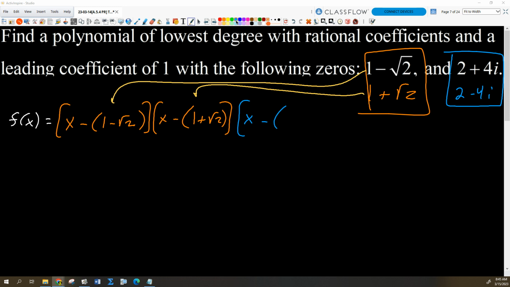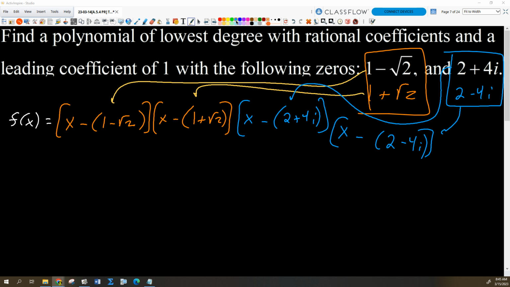There you go. x minus the quantity 2 plus 4i. And then finally, last factor, x minus the quantity 2 minus 4i. Okay, we have a product of all four of those things.